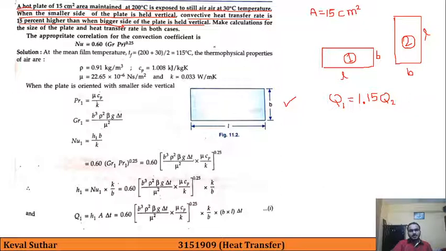So that is given in the question, and we must make the calculations for the size of the plate and the heat transfer rate in both the cases. So we need to calculate L and B, and the appropriate correlation, which is given here in the question itself, is Nu equal to 0.6 (GrPr) raised to 0.25.